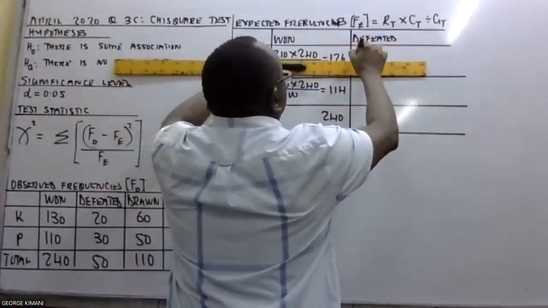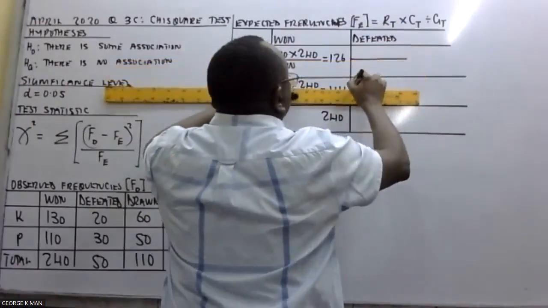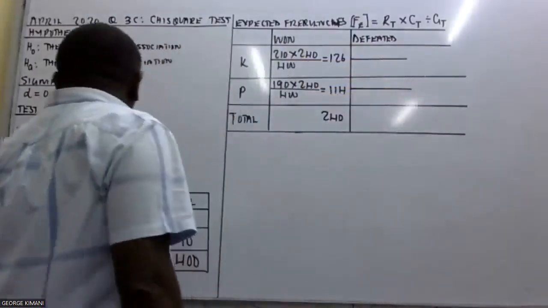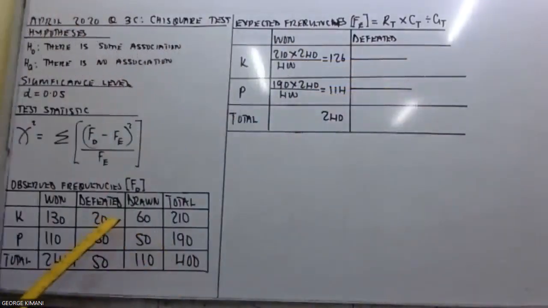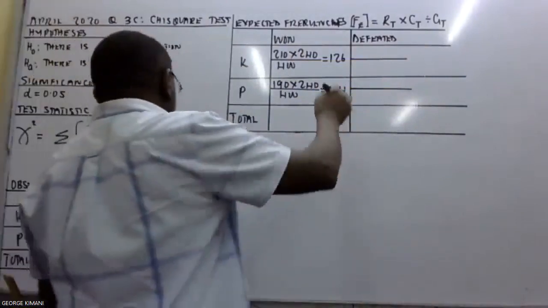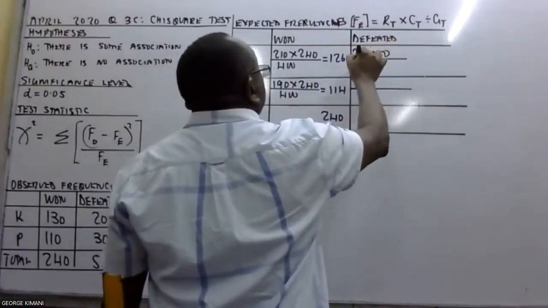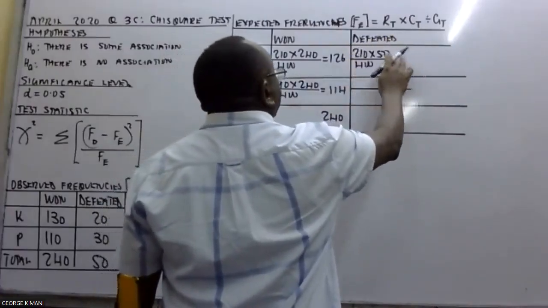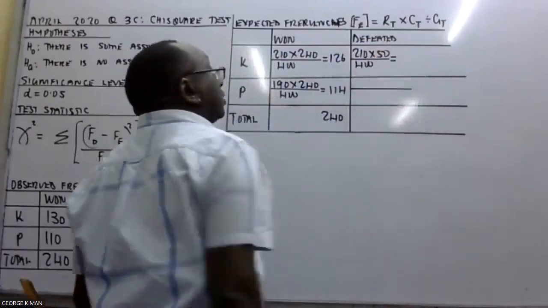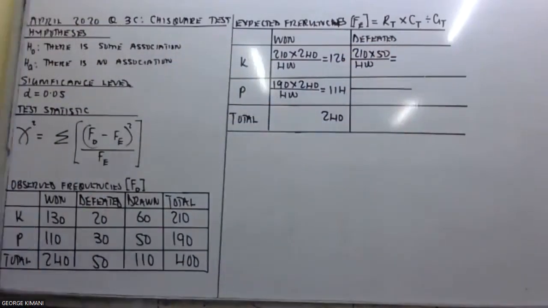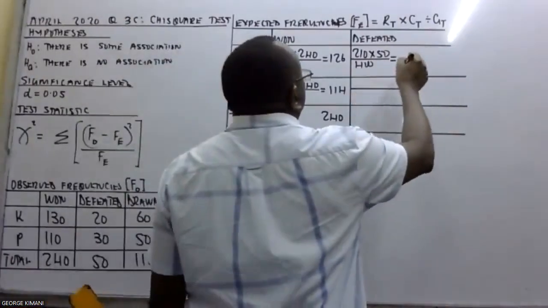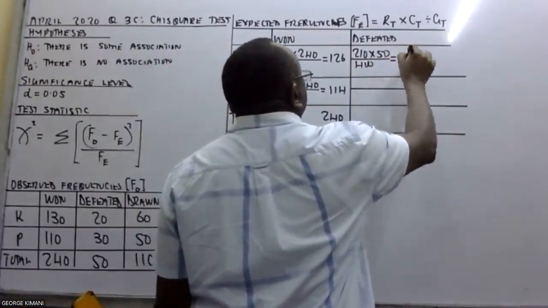Defeated, we also argue likewise. So when you get here, the row total is 210 and the column is 50 divided by 400. That is 26.25, so you can just make it 26.